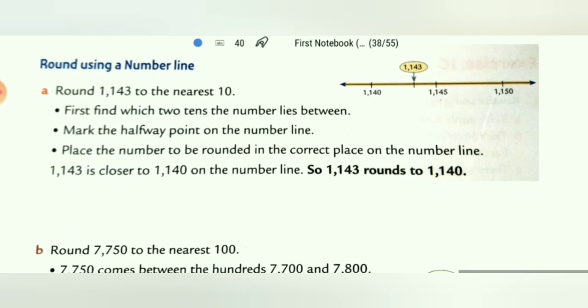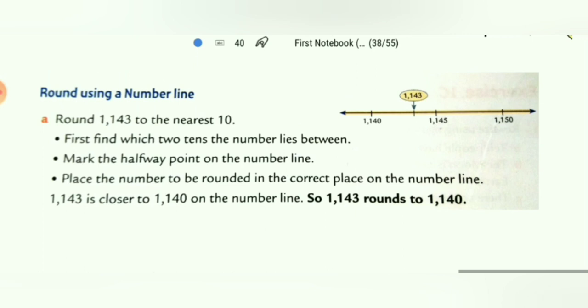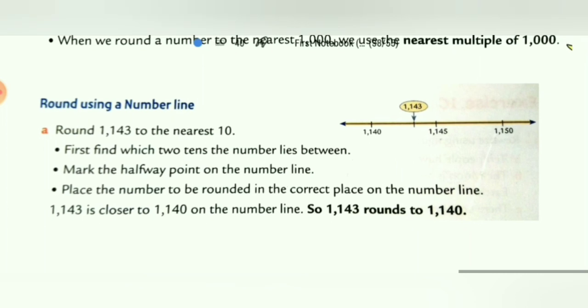Next, how to write on a number line? Round using a number line. On the number line, one example is given. Round 1143 to the nearest 10. Nearest 10 means the ones place will be changed. See the example. First find which two tens the number lies between. It means 1143 will come between 1140 and 1150.